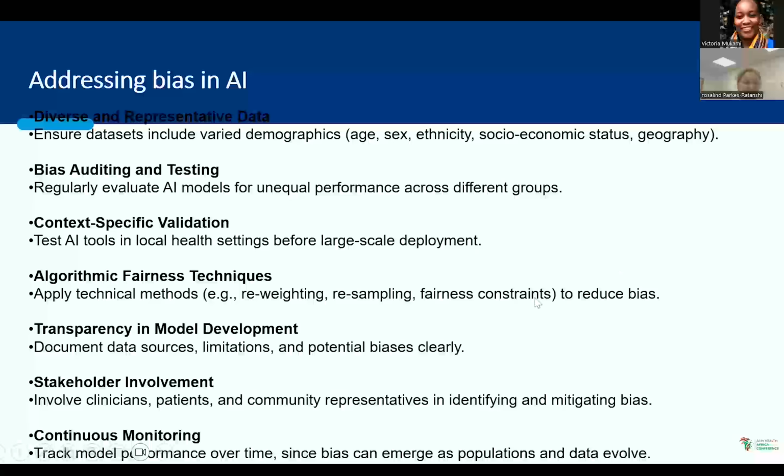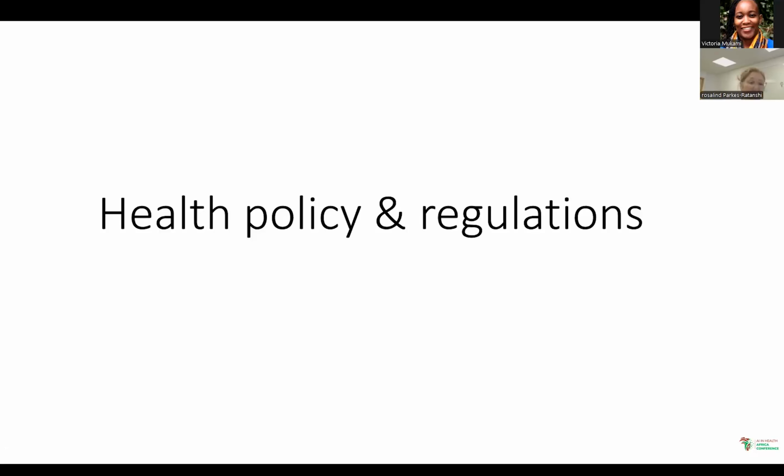And so we need to make sure that we are checking and looking for these as we move forward. So I'm just going to spend about 5 minutes on this, just a spin through, because I am not a legal expert, but I think it's worth being aware of health policy regulations that are available globally and that can speak to these kinds of things.